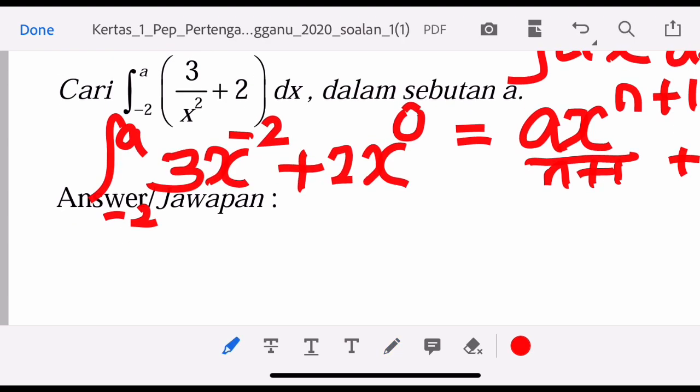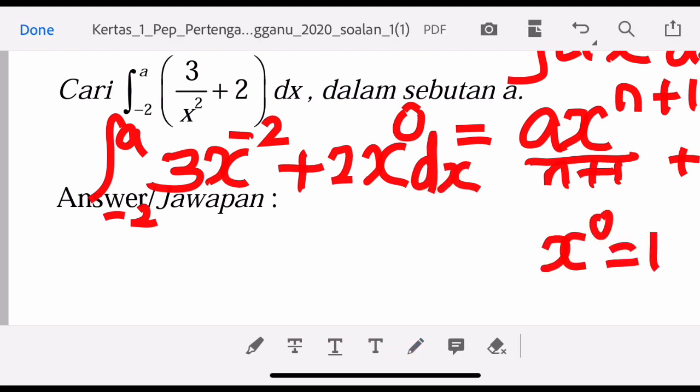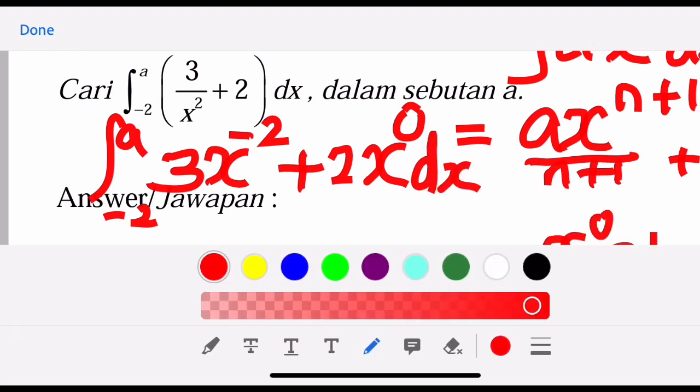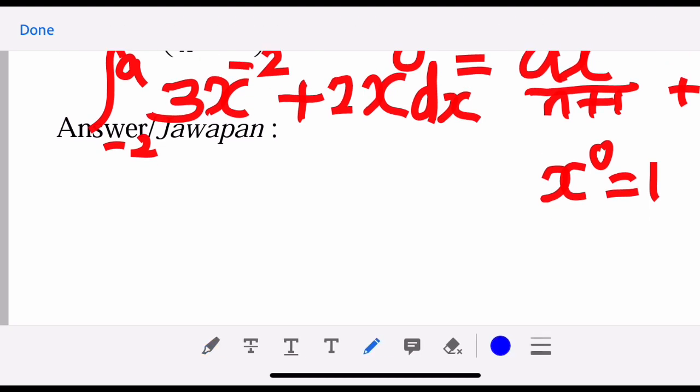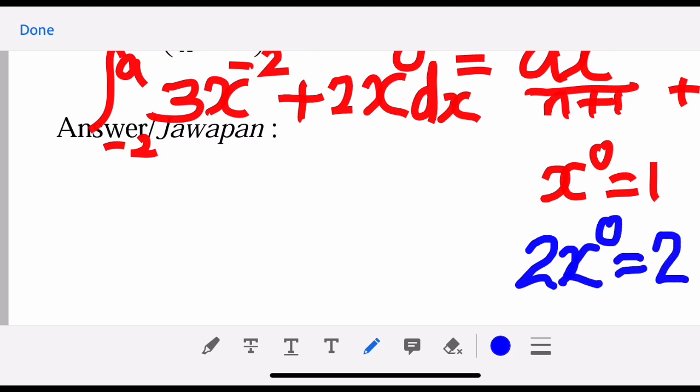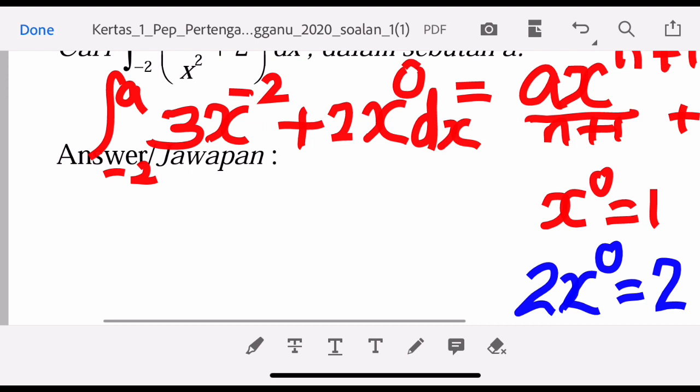So we have to respect the x, dx. If you look at the 2, you forgot how to do integration, because you can't see the power. So you write 2 as 2x^0, right? It's the same value. So now I'm going to integrate because I have the form of Ax^n, right?